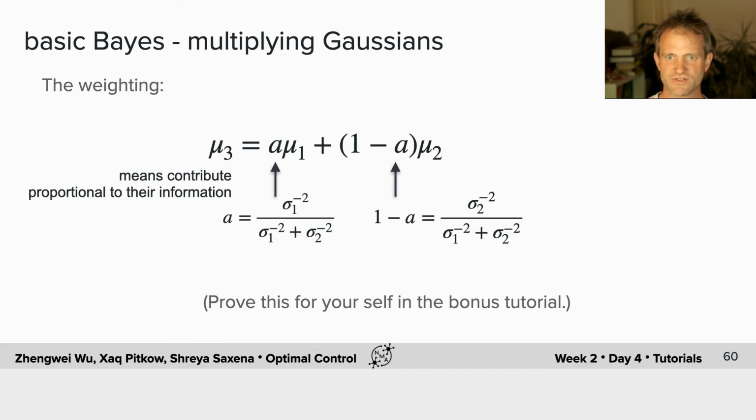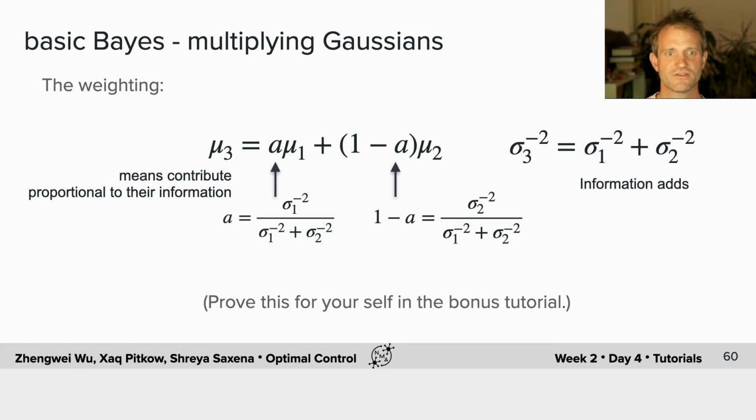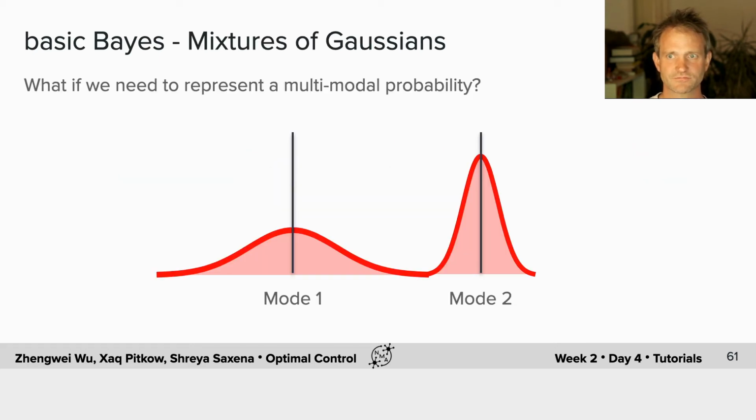Here, we see that A, the weighting for mu1, is related to the amount of information, that is the inverse of its variance, over the sum of the information. And the information is going to add. So the inverse of the variance for the new Gaussian is going to be the sum of the information from the original Gaussians. And if you'd like, you can demonstrate this for yourself in the bonus tutorial.